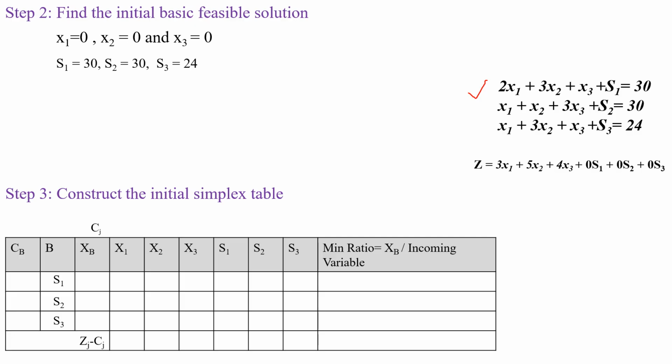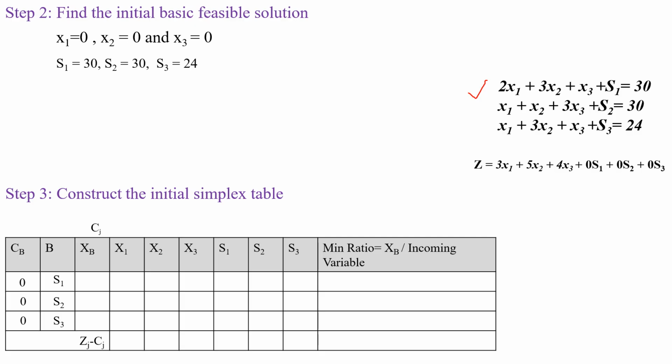CB is the cost coefficients of the basic variables. For this we have to observe the objective function, and the cost coefficients for s1, s2 and s3 are 0. So we substitute s1 value 0, s2 value 0 and s3 value 0 in the CB column.